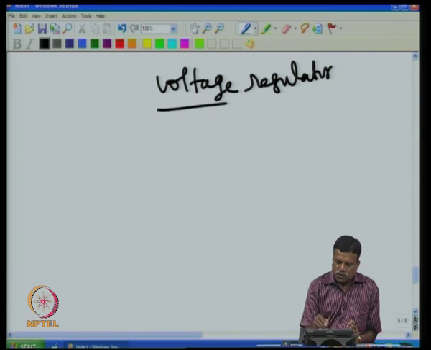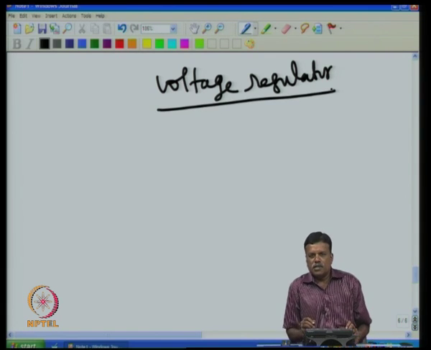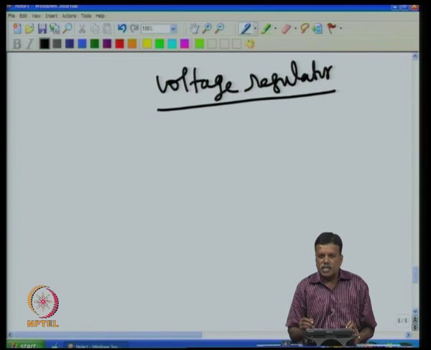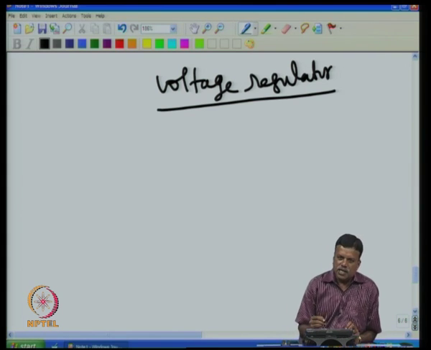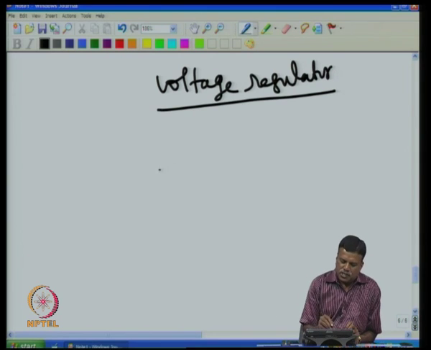In fact, the voltage regulator was designed much before the transistor came in, using vacuum tubes only. The first voltage regulator was published in the Journal of Physics E in 1930, using vacuum tubes. But here I will show you how the voltage regulator was designed using a transistor, a very primitive regulator.